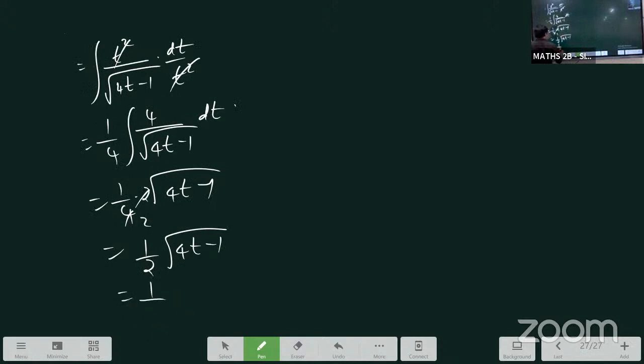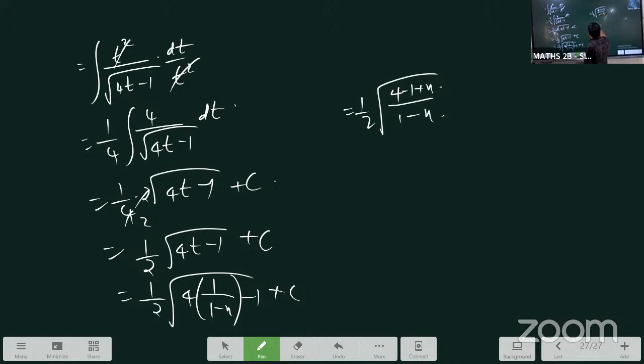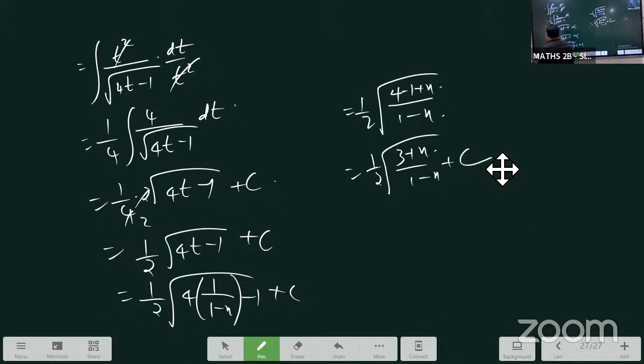Is it clear? Under root of 4 into 1 by 1 minus x minus 1 plus c, that is half under root of 4 minus 1 plus x by 1 minus x, half under root of 3 plus x by 1 minus x plus c.